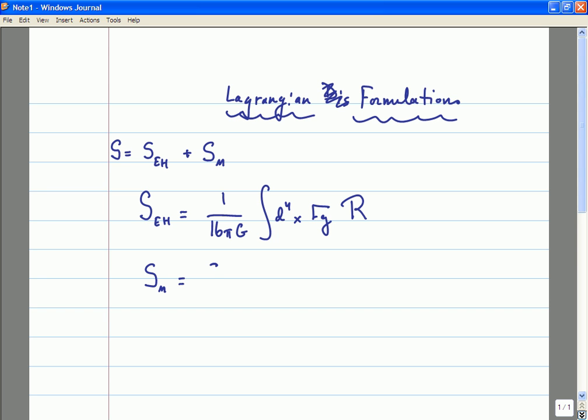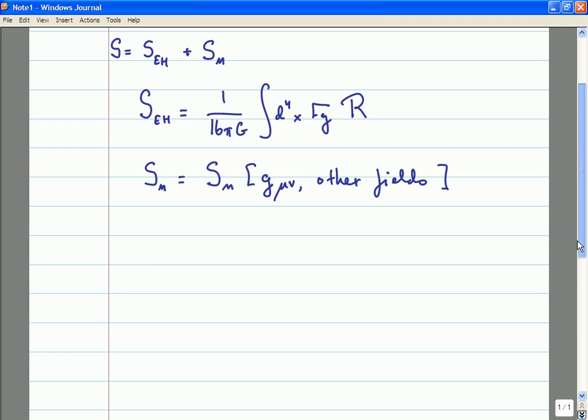And this matter action will depend both on the metric g mu nu of spacetime, as well as on whatever other fields are present in the theory that we're trying to describe.